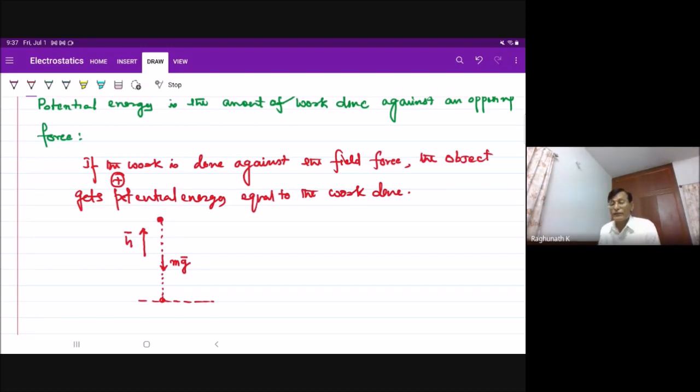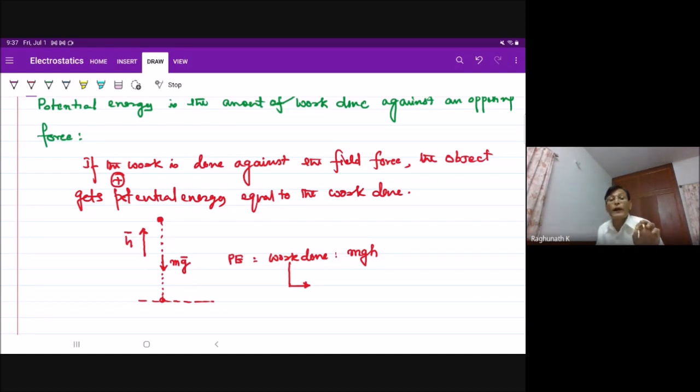Potential energy is work done, correct? Equal to mgh, which is m mod g mod h. And whenever it is work done, please follow this now.